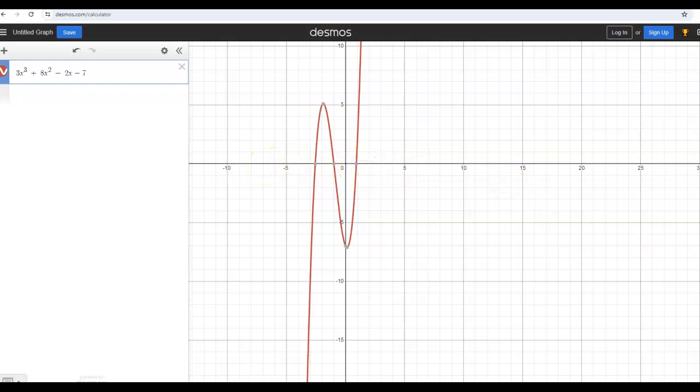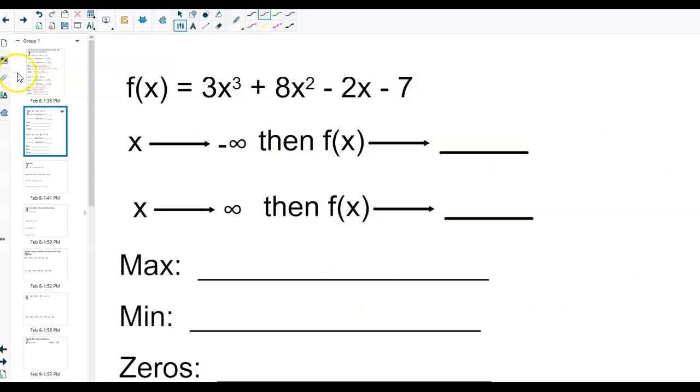As x goes to infinity, y goes to infinity. So as we're going to the left, the graph is going down to negative infinity. And as the graph goes to the right, the y eventually goes up to infinity, which goes along with positive leading coefficient, odd degree. The y follows the x in that particular case.